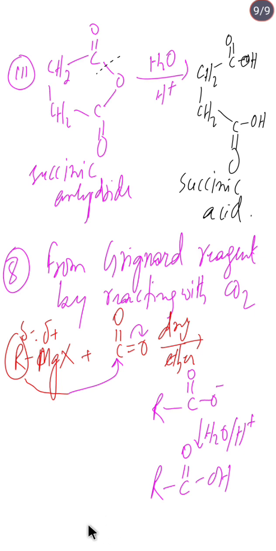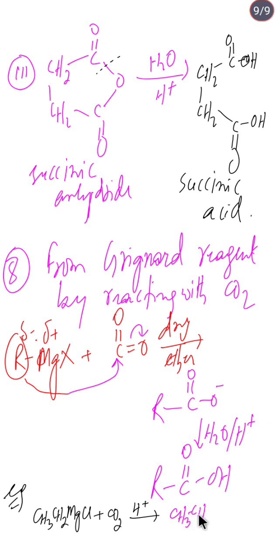Let me write one example here. CH3 CH2 MgCl. If it is reacted with carbon dioxide followed by acidic hydrolysis, then we will obtain CH3 CH2 C double bond O OH as the product.